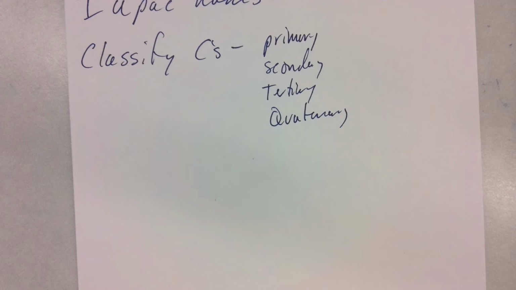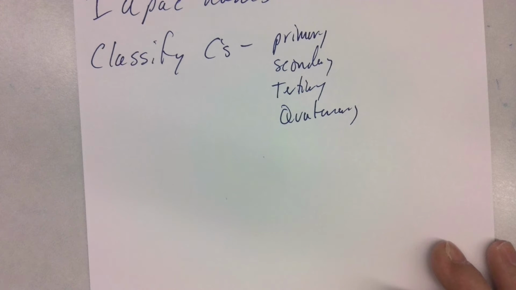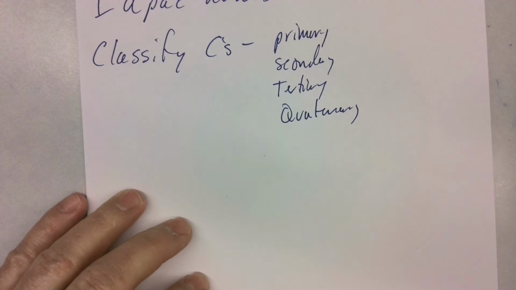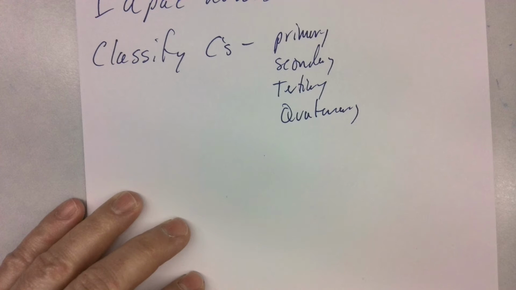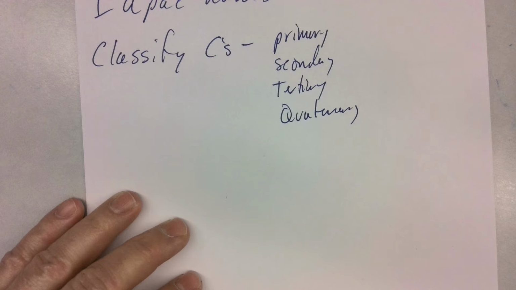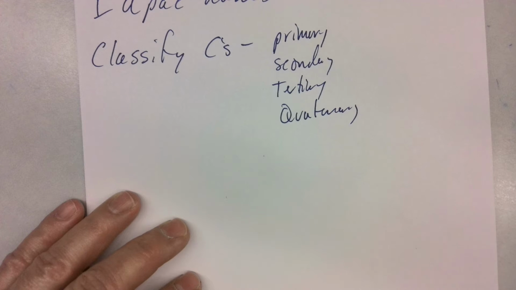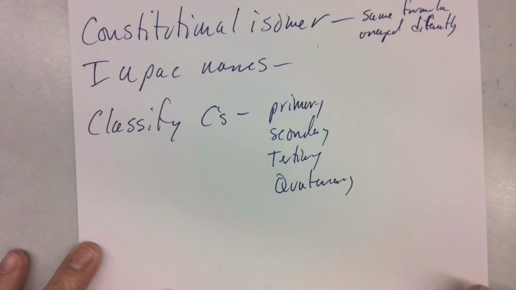We did. Okay. I don't want to duplicate anything that I did last time, because that's a waste of time. Let me see if I've got a constitutional isomer. I think the best example, I did last time, but I don't see it here. Okay, so maybe not. So this is what they give you.